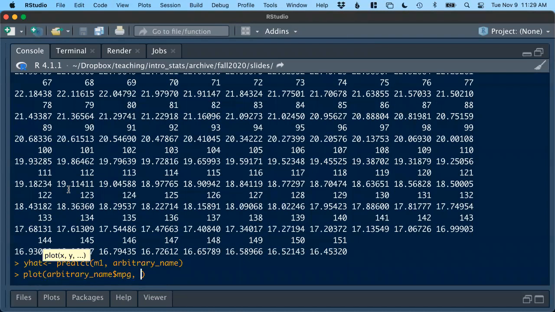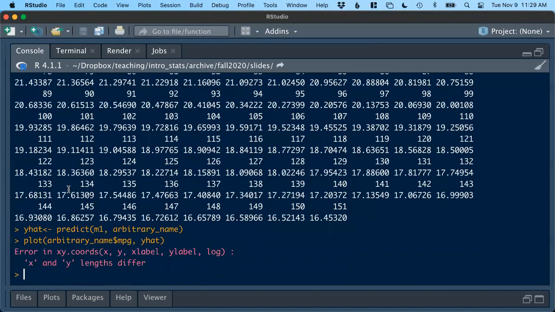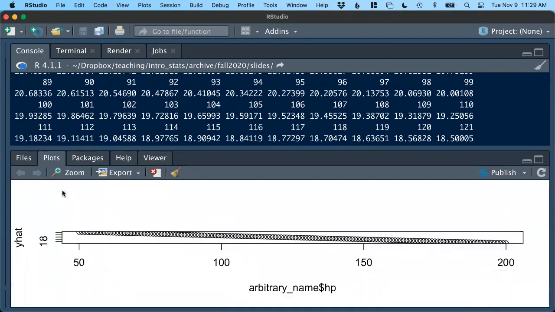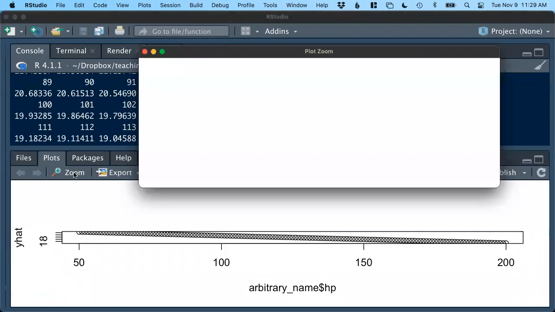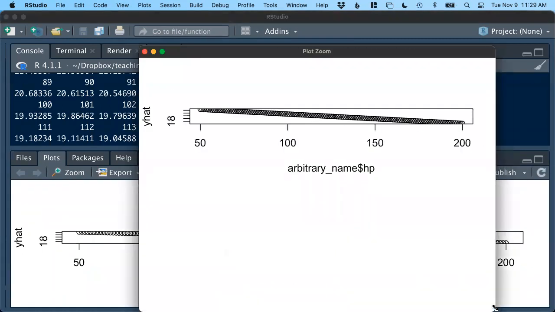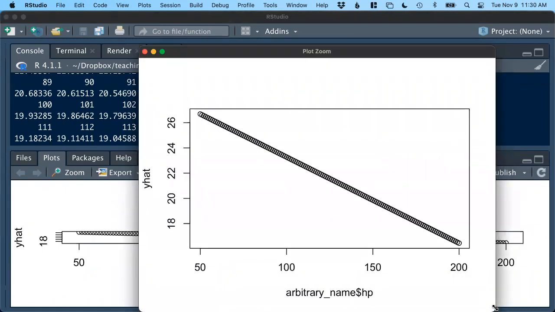I'm using the base plot function just because it's a bit easier here. And that's a really ugly plot, but that is my estimated regression line, represented as a series of points where I've computed the expected value.